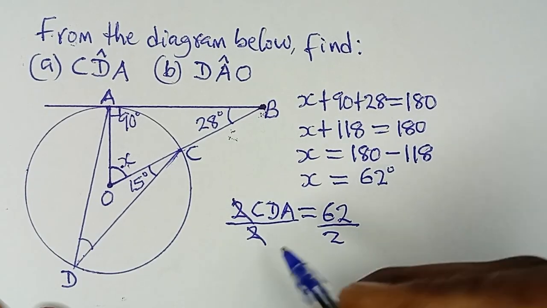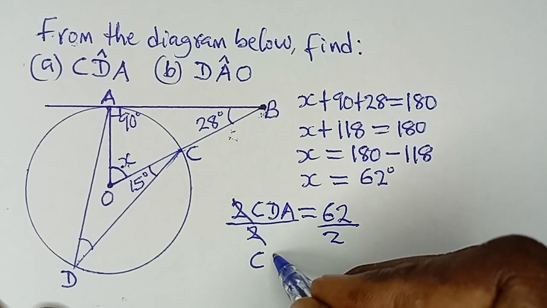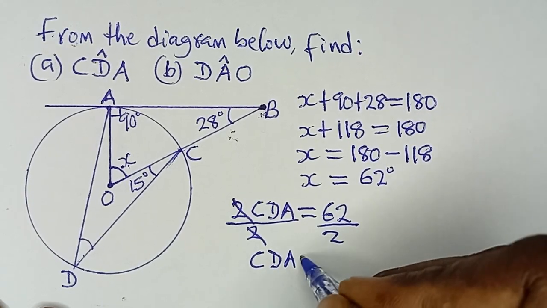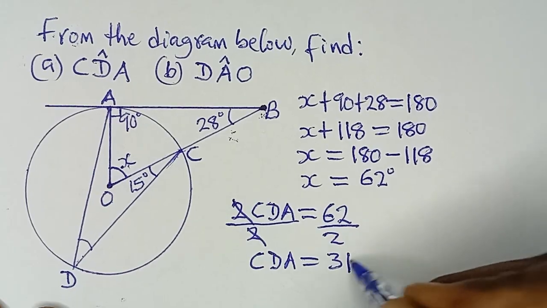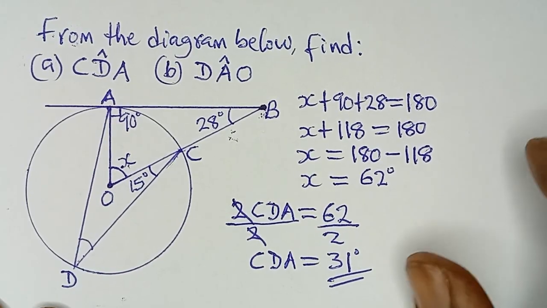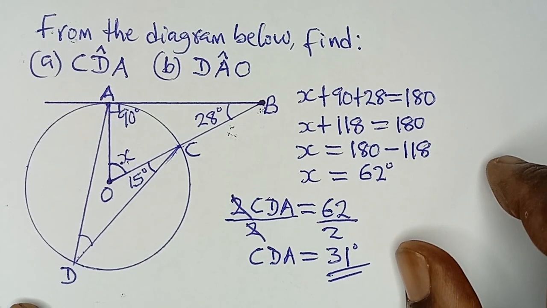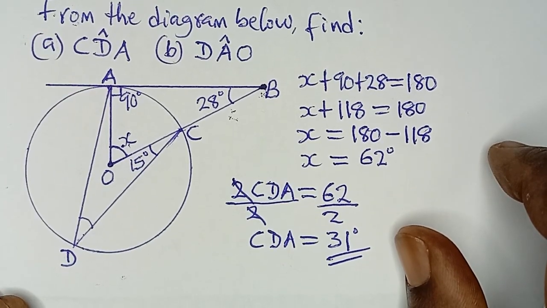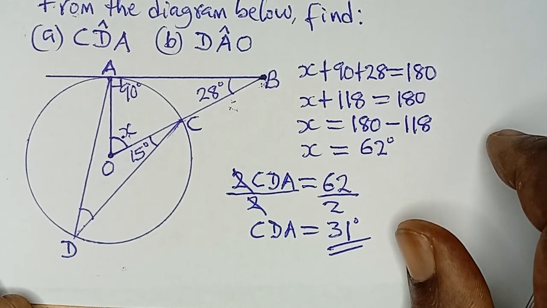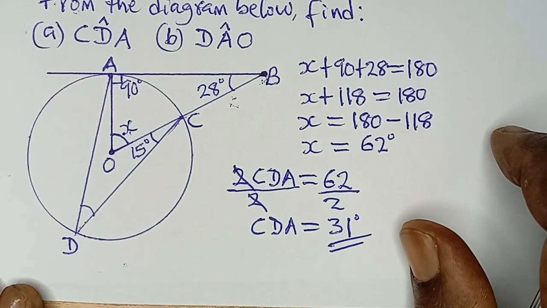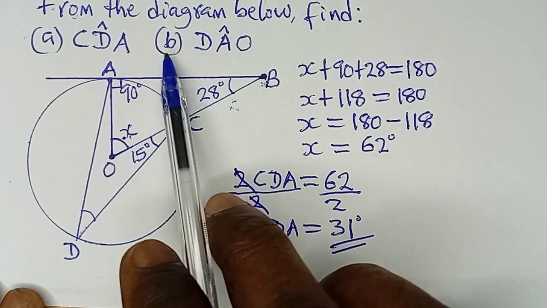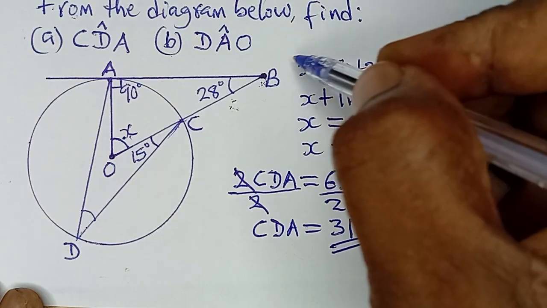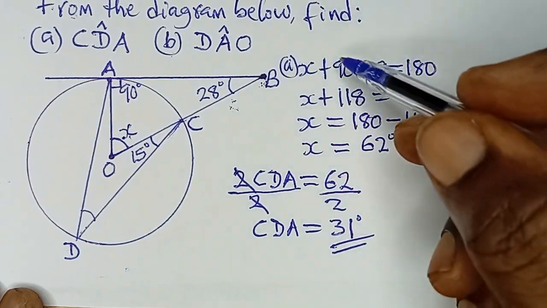So we have angle CDA will be equal to 62 divided by 2, which is 31 degrees. So that gives us the value of CDA as 31 degrees. We have obtained the A part of the question. That is what we have solved so far.